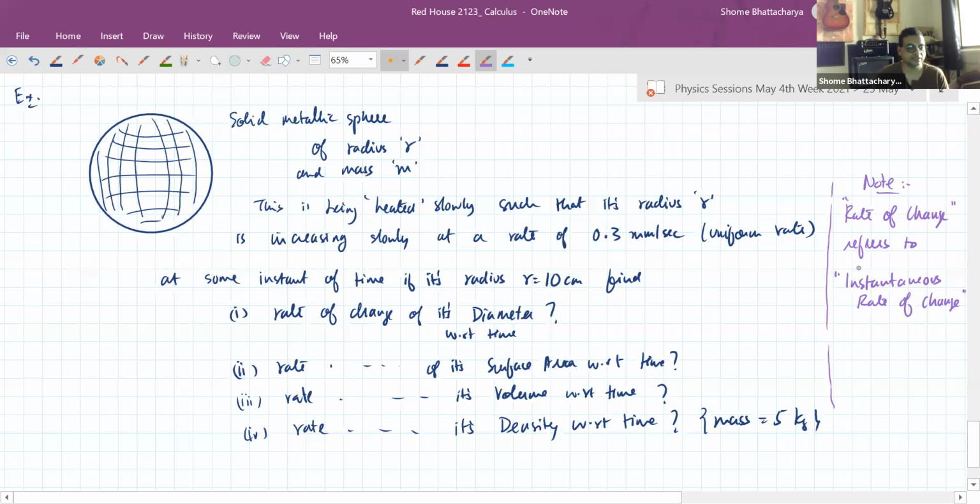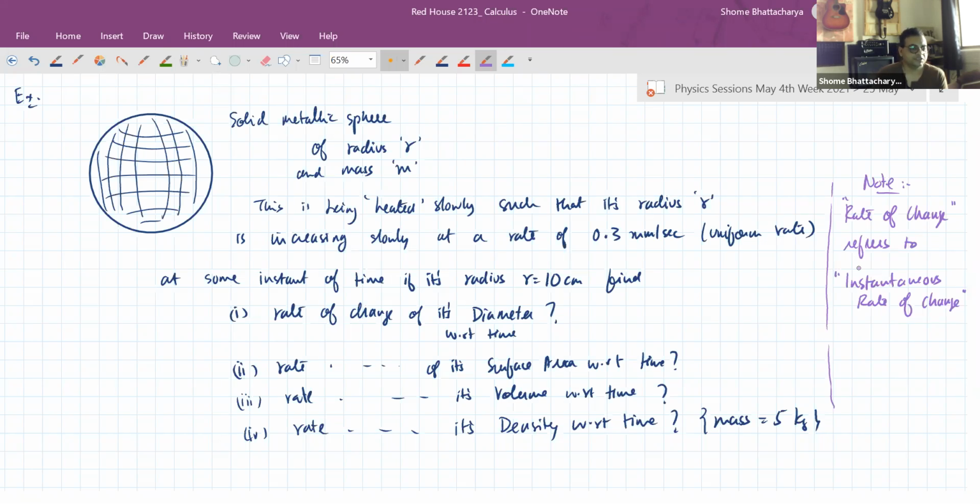I don't mean delta x by delta t. So from now on, the default meaning of the term rate of change is always instantaneous rate of change, dx by dt, if it is not mentioned what type of rate of change. Whereas if we say average rate of change, then specifically it means average rate of change. We should not refer to average rate of change as rate of change.